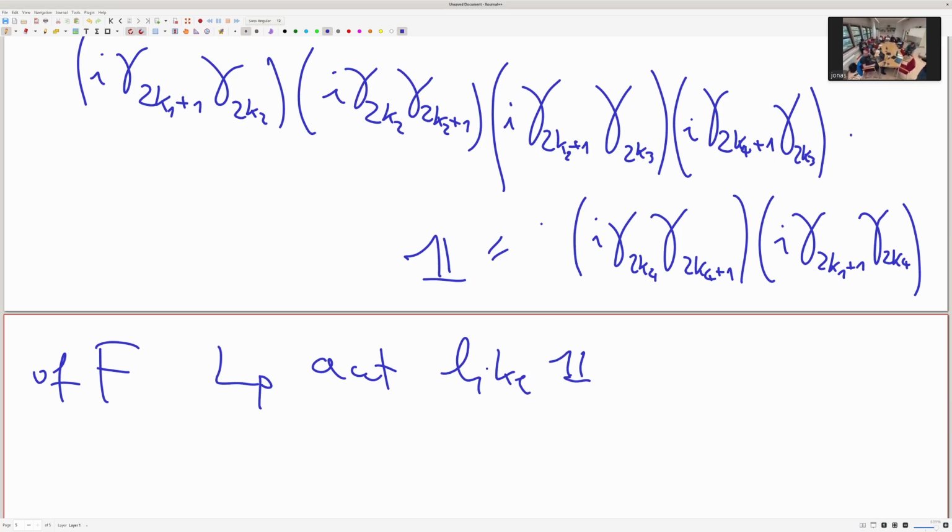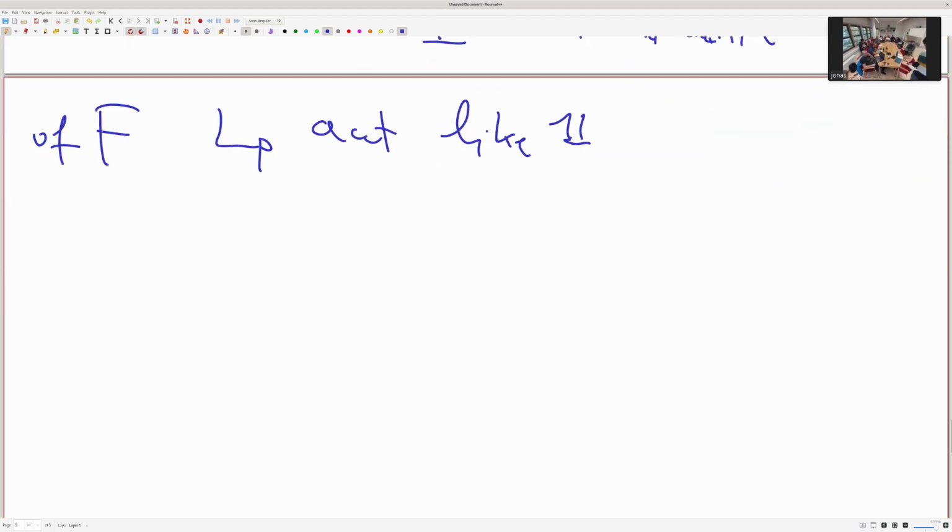So the idea is that we can restrict ourselves to only consider F. And indeed, you notice that these operators B all commute with the LPs, which in particular means they preserve the subspace F.